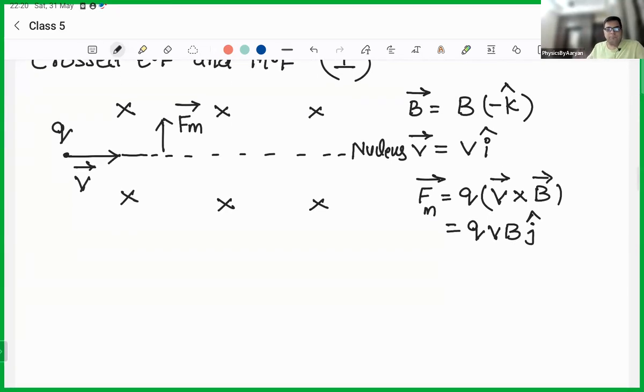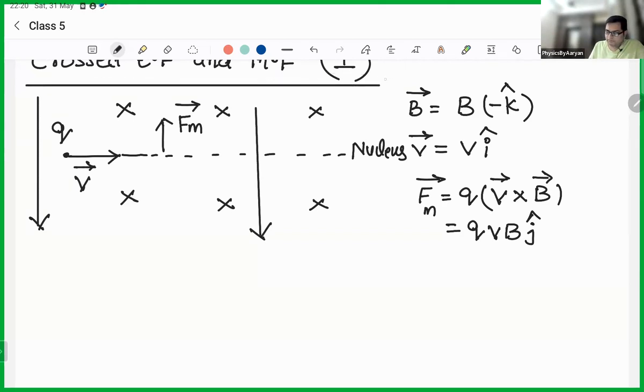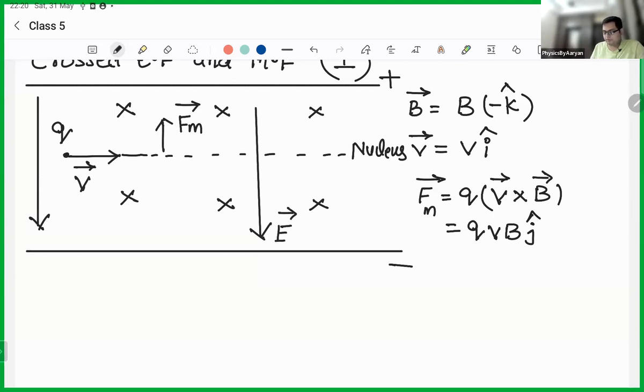So what I will do is I will apply an electric field also. I will apply the electric field like this. So how do you apply an electric field? You put one positively charged plate here and one negatively charged plate here. Electric field is always from the positively charged plate to the negatively charged plate.